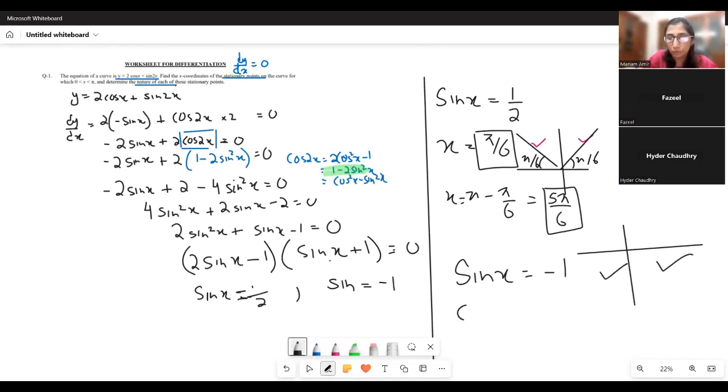So just write out of domain. No need to even solve it because we know we'll get answers bigger than 180 degrees and less than 360 degrees, or bigger than pi and less than 2 pi. So that's out of our domain. The only answers are pi by 6 and 5 pi by 6 for question number 1.